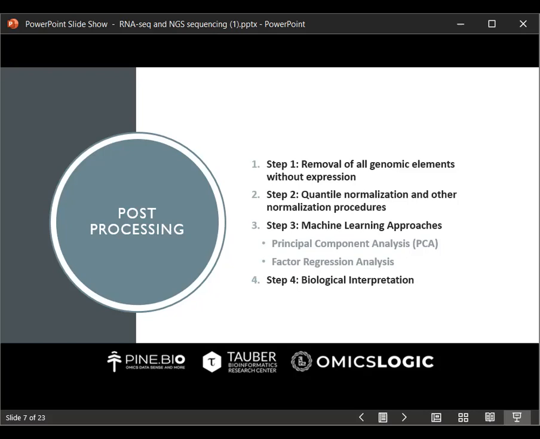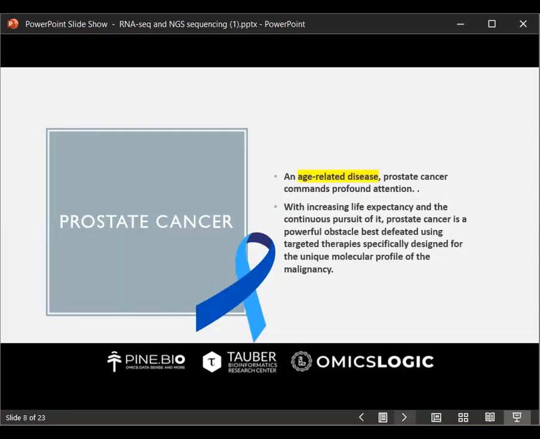Now, that was the last step of the pipeline, and finally we need to understand what prostate cancer actually is and why we are studying it. As you can see in the slide, prostate cancer is an age-related disease, which is very lethal in the case of aged males.